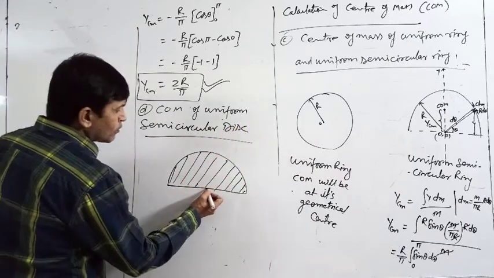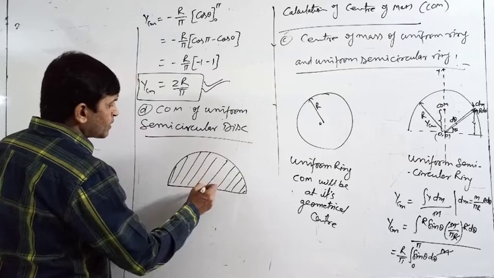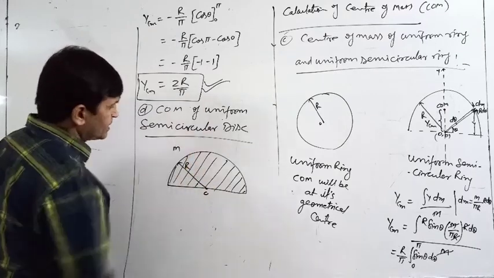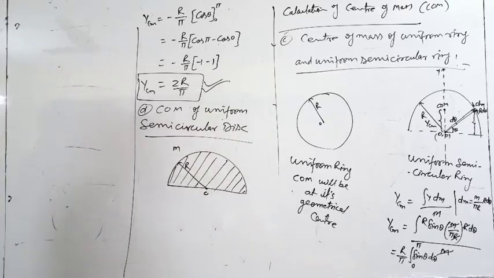Let center is your O. Radius is your R. And M is the total mass. Now first point. Center of mass of the semicircular disc. Can you guess where it could be?